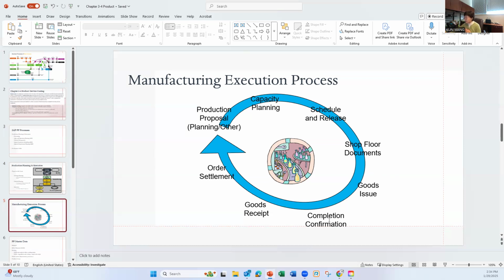Completion confirmation, and then send the products to the sales department. Once it's finished, goods issue is the material issue, and goods receipt normally refers to the final completed products. Order settlement, and then you go to another cycle.